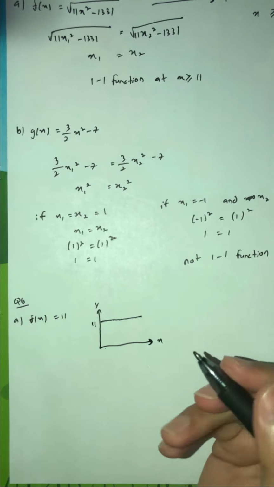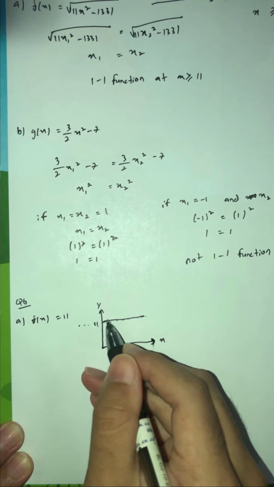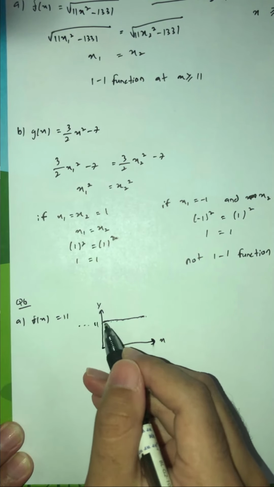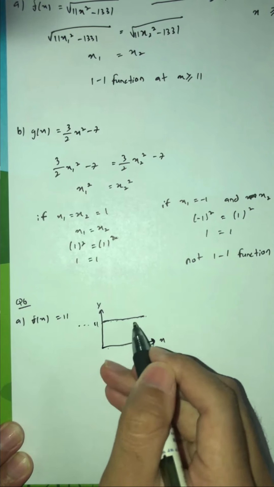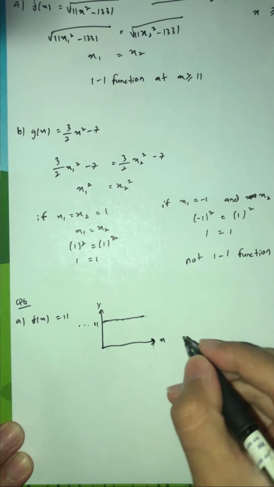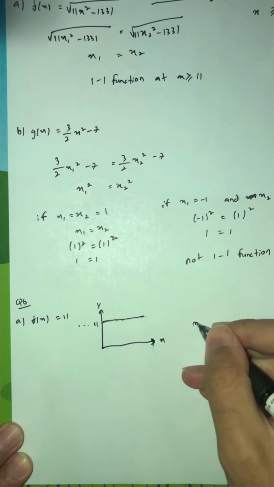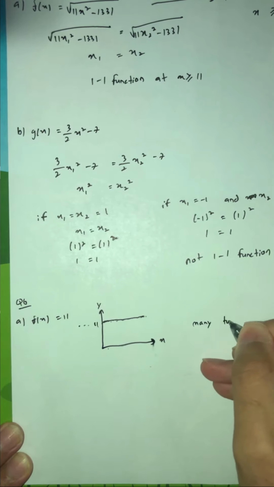It is of course a function because it intersects the y-axis only once, right? But whether it is many to one, you need to do the horizontal line test, right? So a horizontal line test will give you many values, right? At y equal to 11, there are a lot of values of x, right? So this is many to 1.